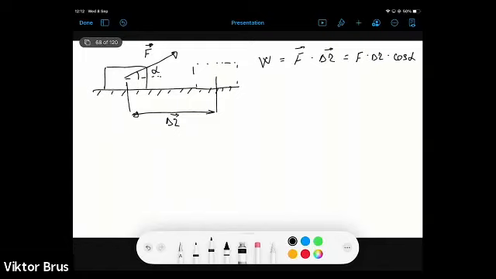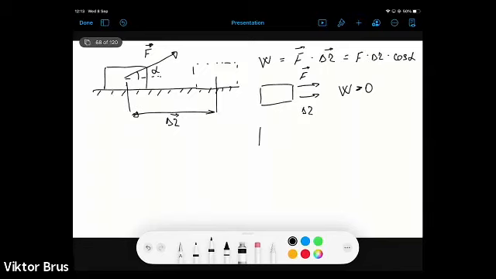Also, what is important: if the displacement vector R and the force vector point in the same direction, mechanical work will be positive, larger than 0.